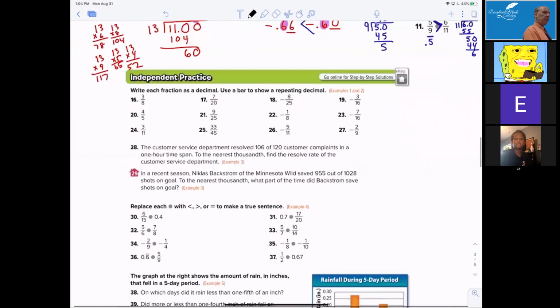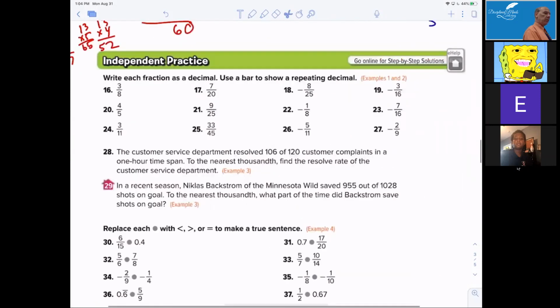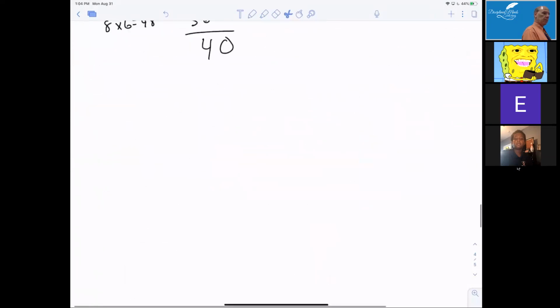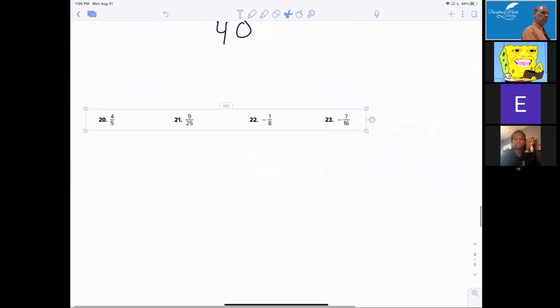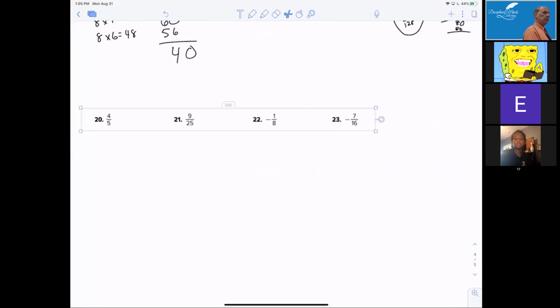All right, so now I got to grab the next 20 through 23. Here we go. Oh, come on. All right. 20.